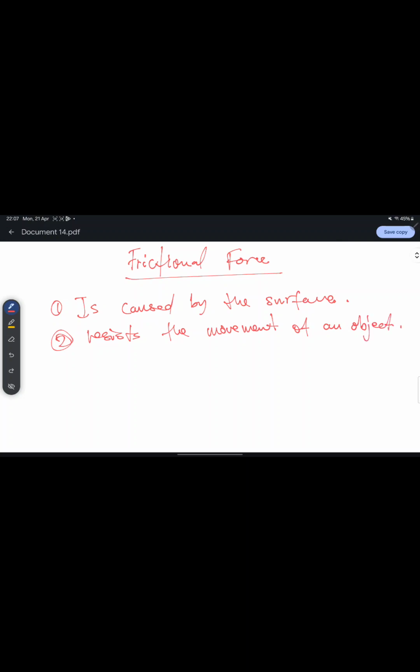All right. And number three, you have to know that it is parallel to the surface, but it opposes the direction. It is parallel to the surface. It opposes the direction of motion.